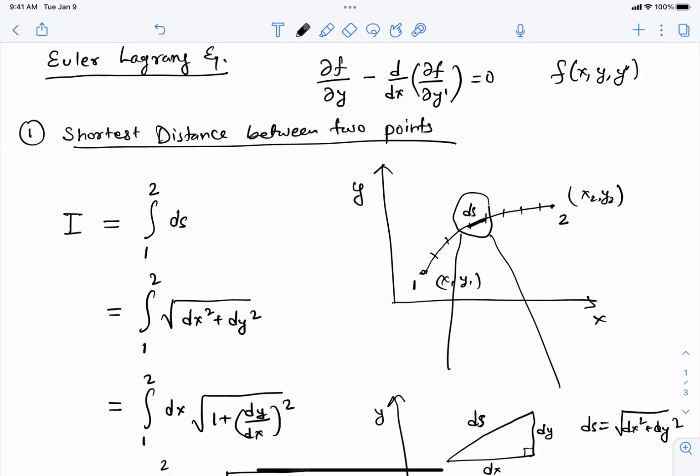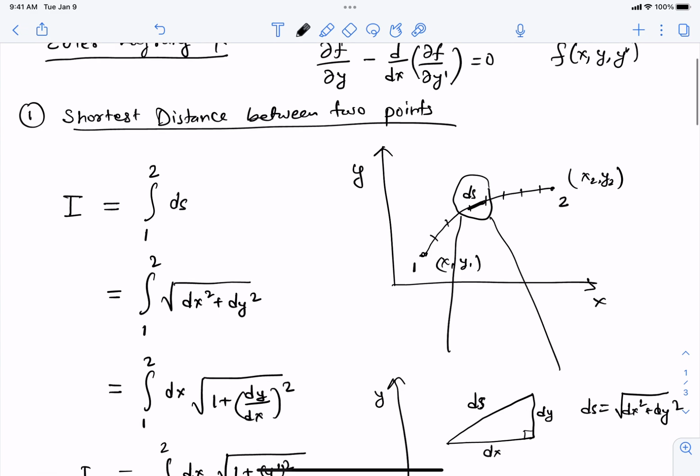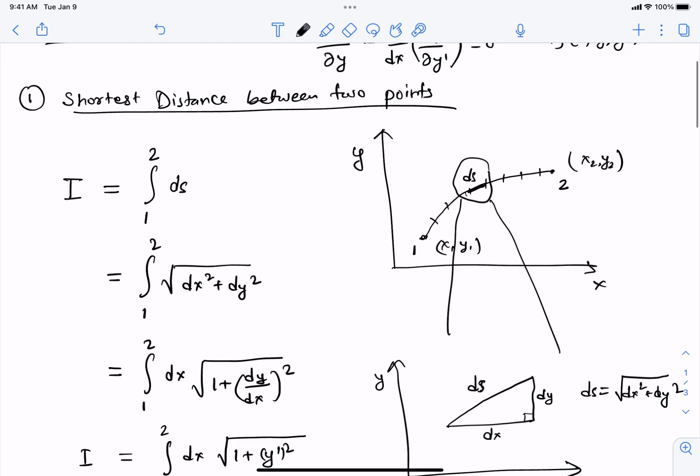So our first goal is to get that integral which defines our problem. The problem was defined as find the shortest distance between 2 points. So we first assume that there is a curve that joins these 2 points. Then we integrated along this curve a small length element, because the sum of a length element integrated along the curve gives us the length of the curve.